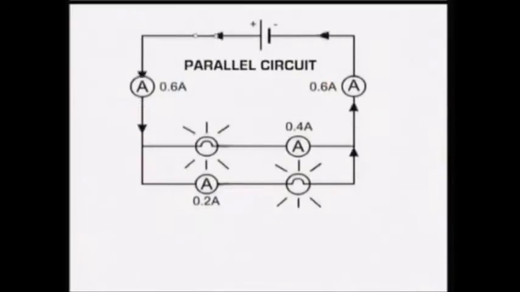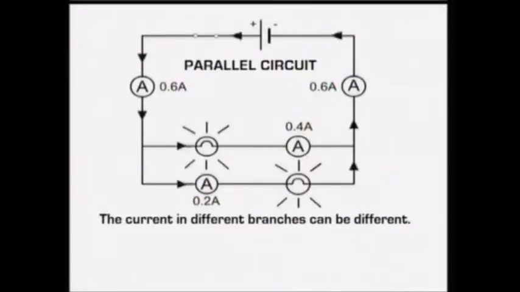This is a parallel circuit, where the current can split up and go around different branches of the circuit. The current flowing in different branches can be different depending on how easy it is for the current to flow that way. Ammeters connected in different branches of the circuit will show different measurements.